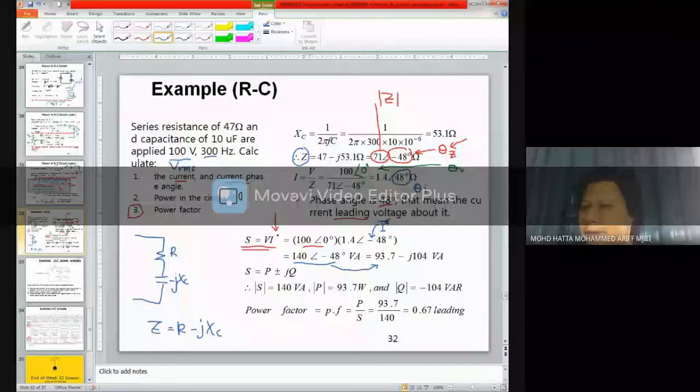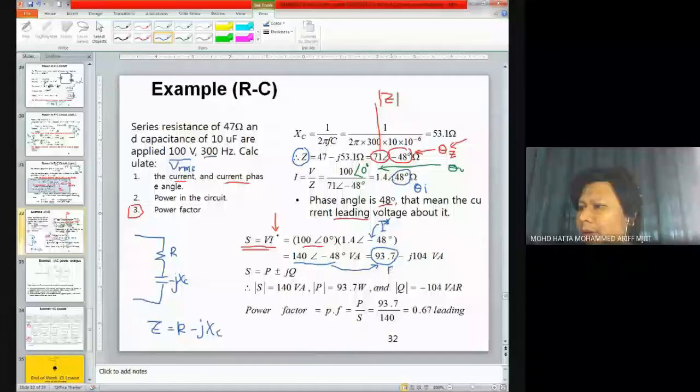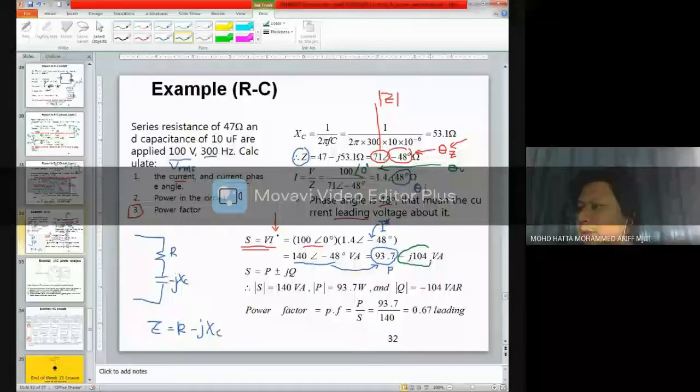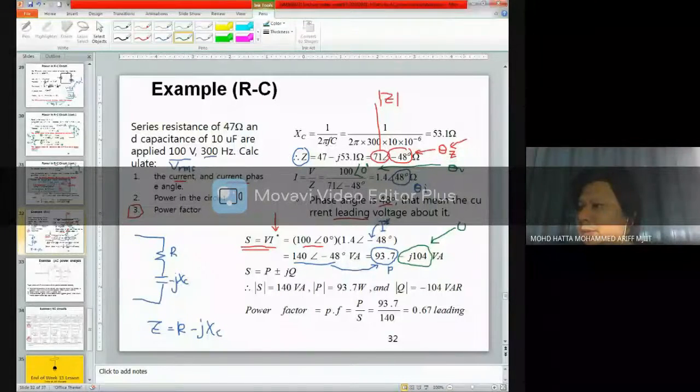When you convert it, the real part will give you your active power value, and the imaginary part, including the sign of the imaginary part, will give you the value of your reactive power.